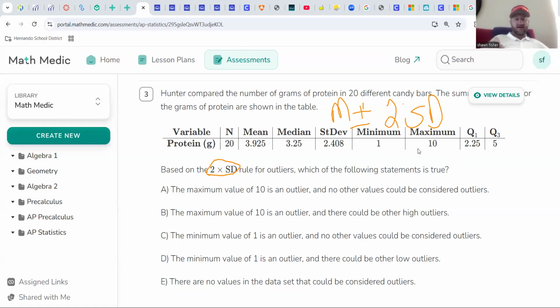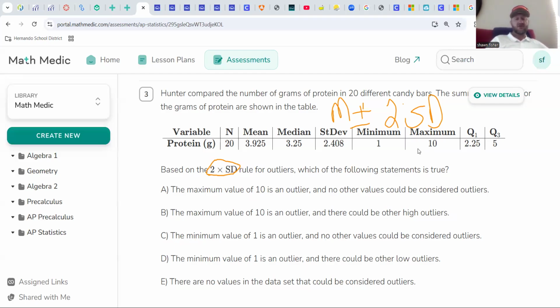That is an outlier according to the 2 times the standard deviation rule, but there could be more in between if they would give us more data points. We don't know that, but we can't say something like 10 is the only outlier and that's it. Can't say that because there could be some more above 8.7 and below 10, right?